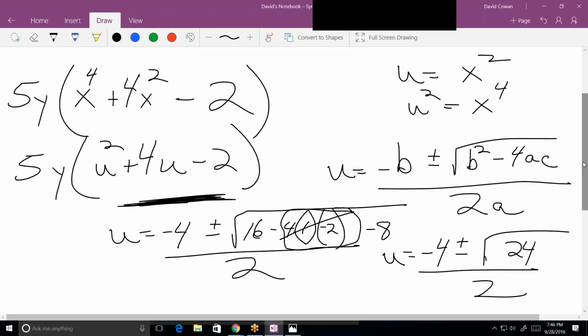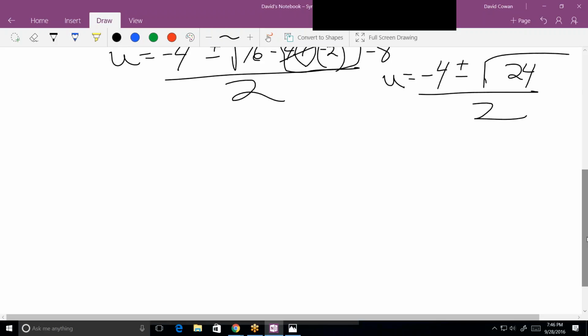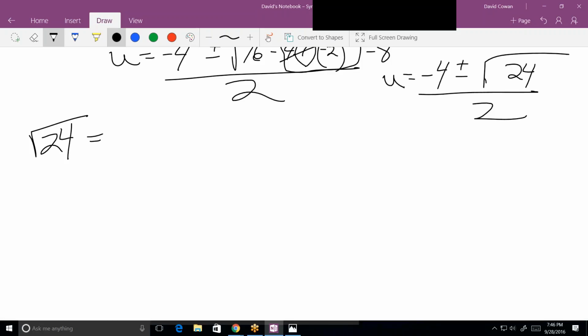Okay, now let's simplify that. What's the square root of 24 equal to? You have to factor 24, and you have to have one of the factors be a perfect square. So what would that be?